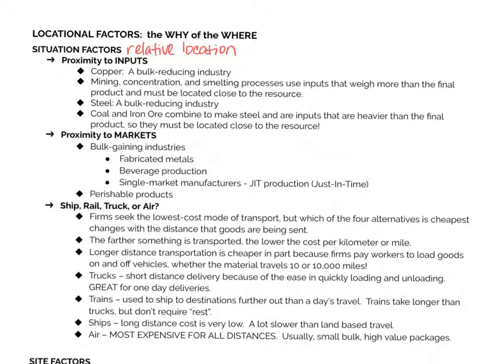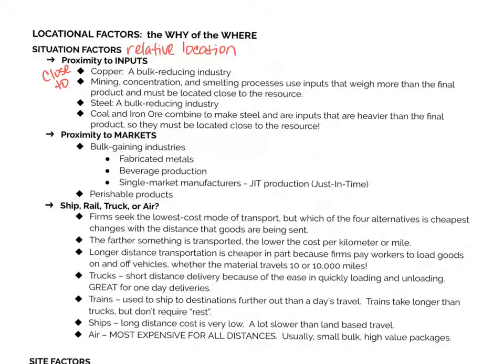One of the things you have to consider when we look at what's around is what's called proximity to inputs. That sounds really super complicated and fancy, but what does proximity mean? Proximal. Near. Closeness. So this is close to.